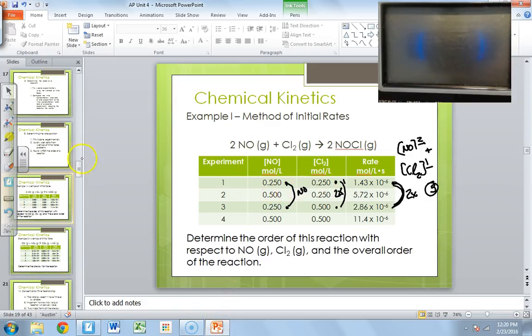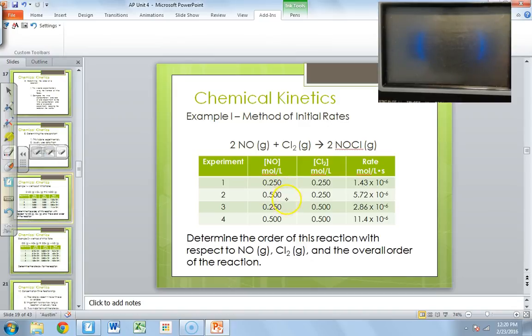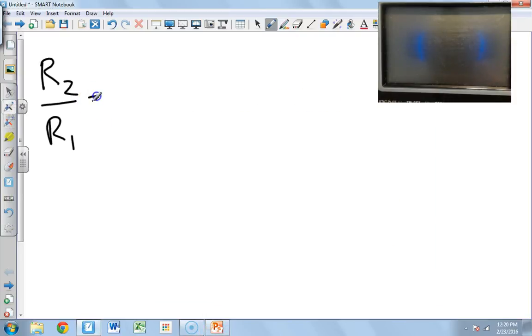Because I wanted to pick the one that is bigger, so it goes on top. So I picked experiment 2 to go first, and the bigger number will always go on top. You can do it either way, but that's fine. So we're going to compare R2 to R1.